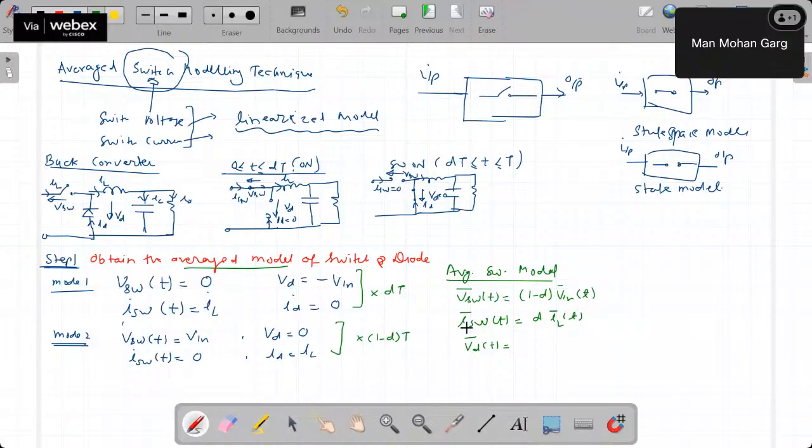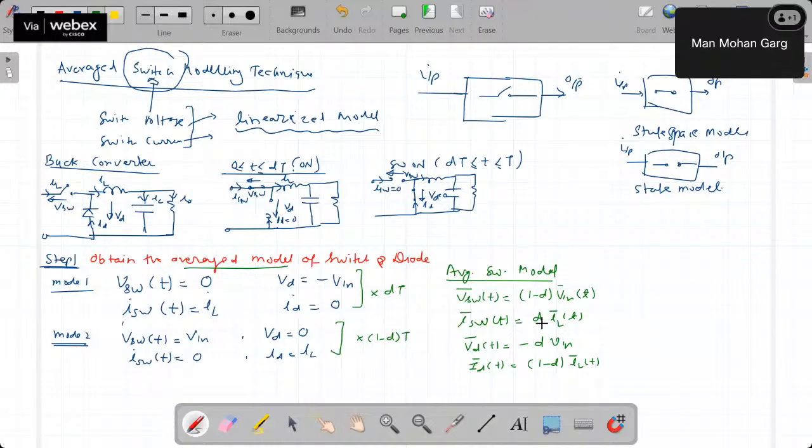VD average will be minus D into Vin. What about ID average? ID average will be, this is 0, so 1 minus D into IL average. Step 1, what we have done, we have found out the averaged behavior of this.